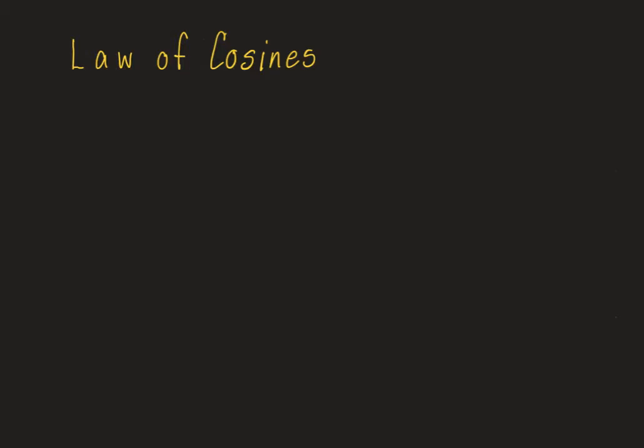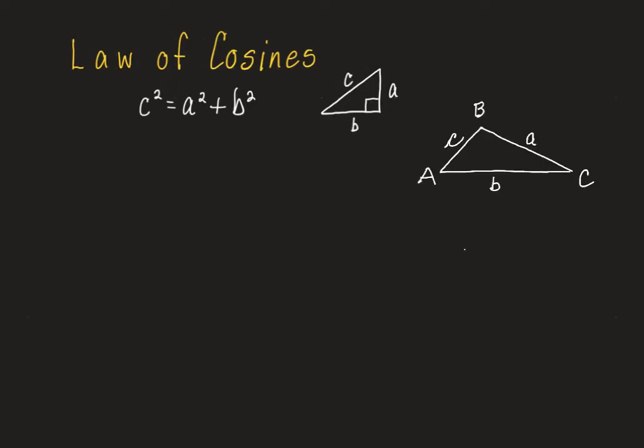Remember good old Pythagoras and his formula that we can use to calculate a side of a right triangle? Well, the formula that represents the law of cosines looks very similar. Once again, I'm reverting to the cursive small c to differentiate it from my capital C. And the law of cosines states that side c squared equals side a squared plus side b squared.